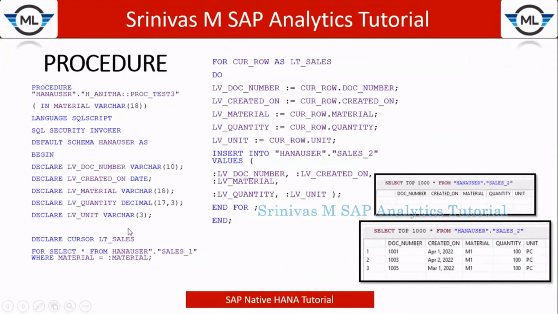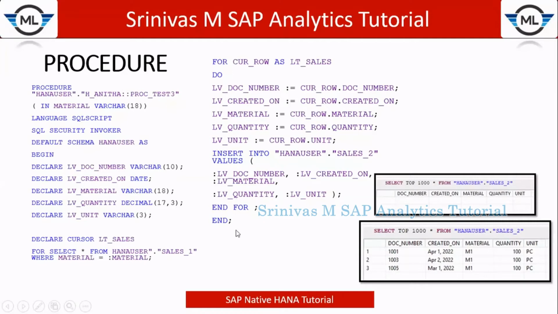So we need to define one cursor to store the data which we are reading using a select statement. The cursor is nothing but a kind of internal table. For this cursor, we are going to write one for loop.